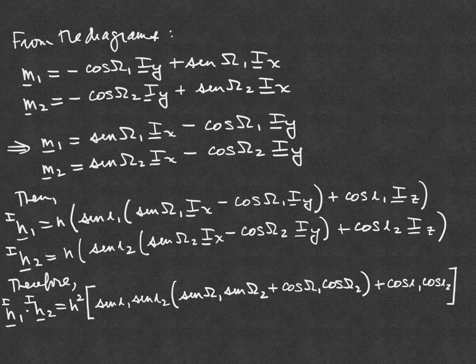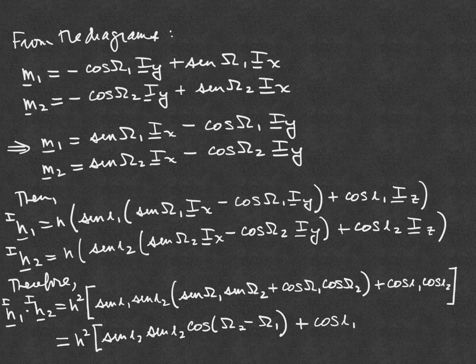Now, we can simplify this expression as follows, is that we know that sine omega 1 sine omega 2 plus cosine omega 1 cosine omega 2 simplifies to cosine of omega 2 minus omega 1. And then we're left with plus cosine I1 cosine I2. So that's one expression for h1I dotted with h2I.